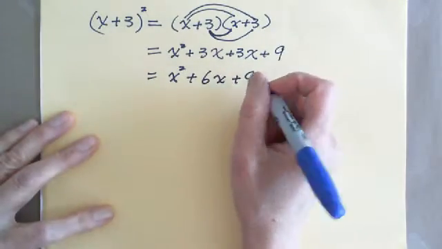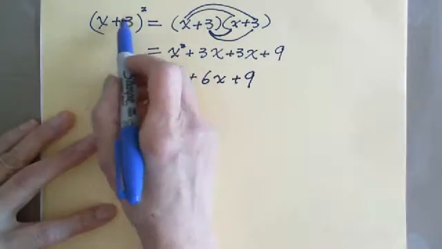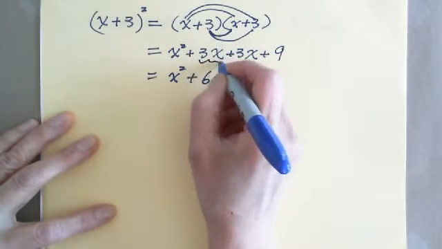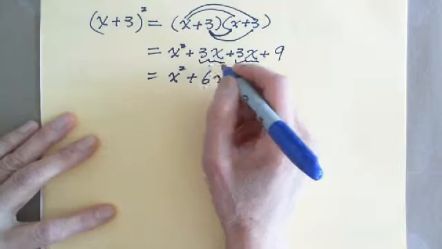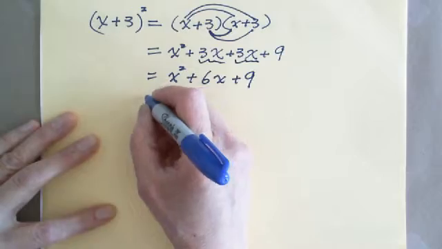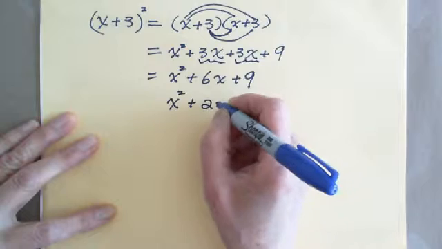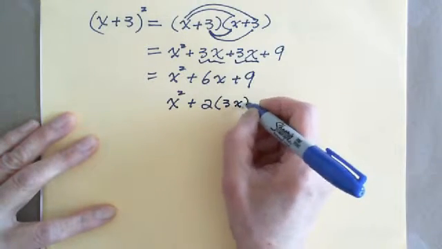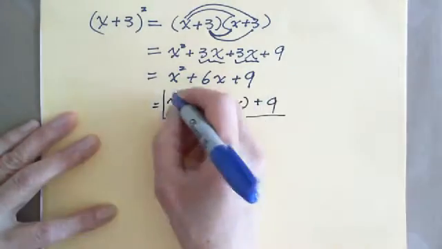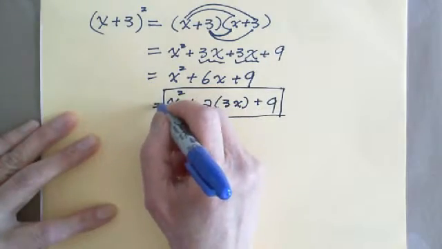So the pattern is, when we expand the perfect square, because we have two identical binomials, these two terms are always the same. As a result, when we add them together we have 6x, which is double 3x. So we can write this as x squared plus 2 times 3x, plus 9. Now we need to complete the square, so we need to go back to this.